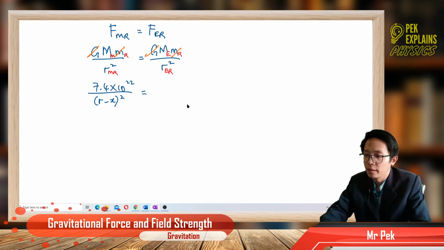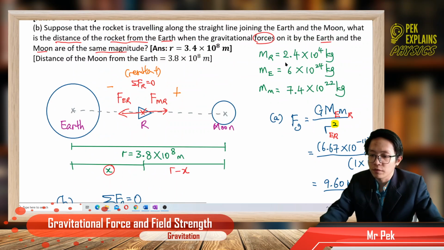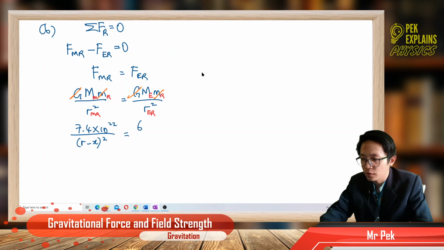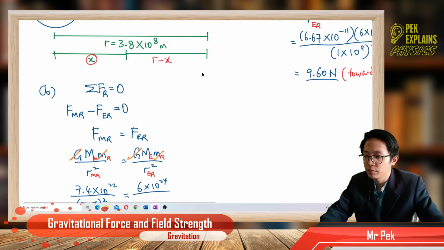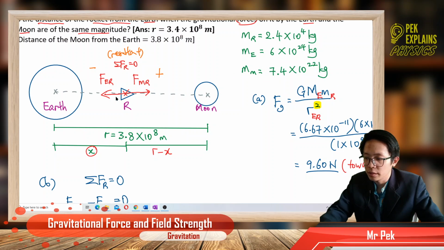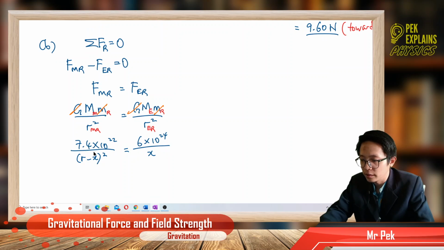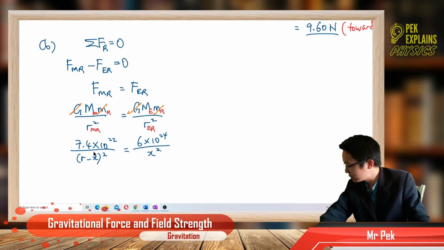Don't forget the square. What's the mass of Earth? Mass of Earth is 6 exponent 24. Then the distance between Earth and rocket is X. We want to find X actually. So X squared.